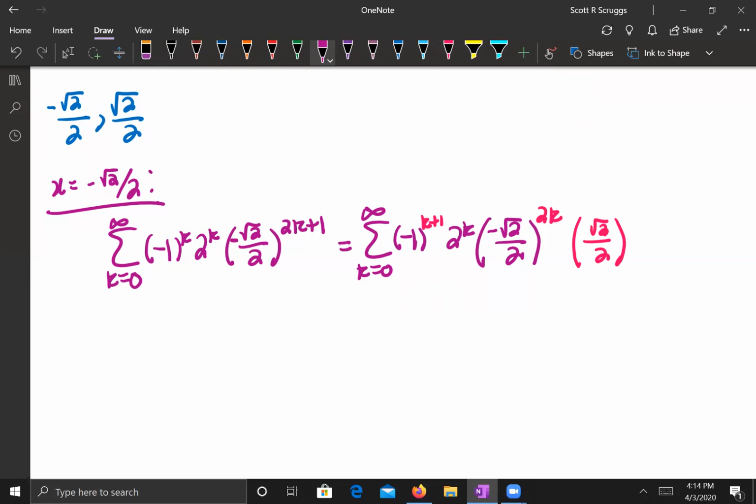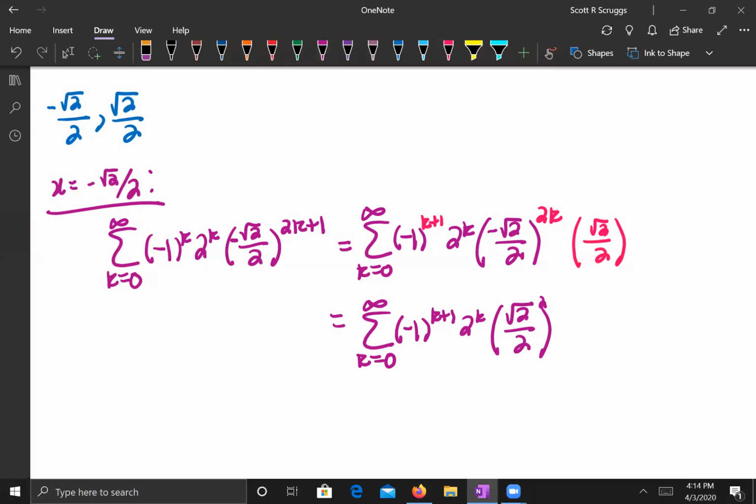So I get the sum k goes from 0 to infinity of negative 1 to the k plus 1, 2 to the kth power, and then root 2 over 2 to the 2k power times another root 2 over 2.